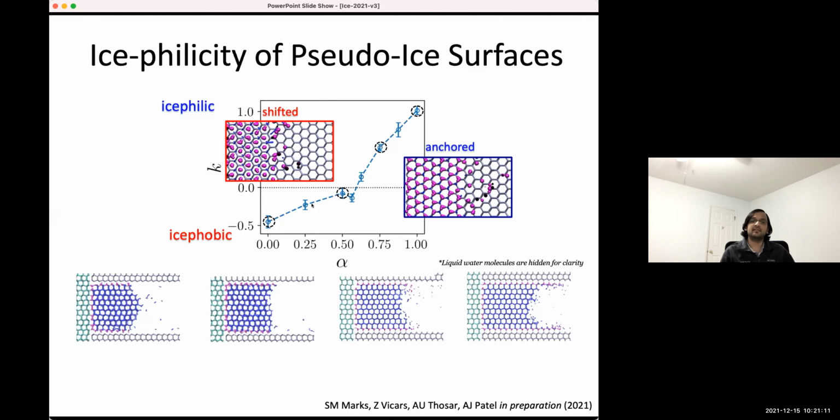Whereas for the mostly non-polar surfaces, these water molecules shift and occupy the centers of these hexagons, right? And this change in the configuration corresponds closely with this change in the sensitivity of the icephilicity to the polarity of the surface.